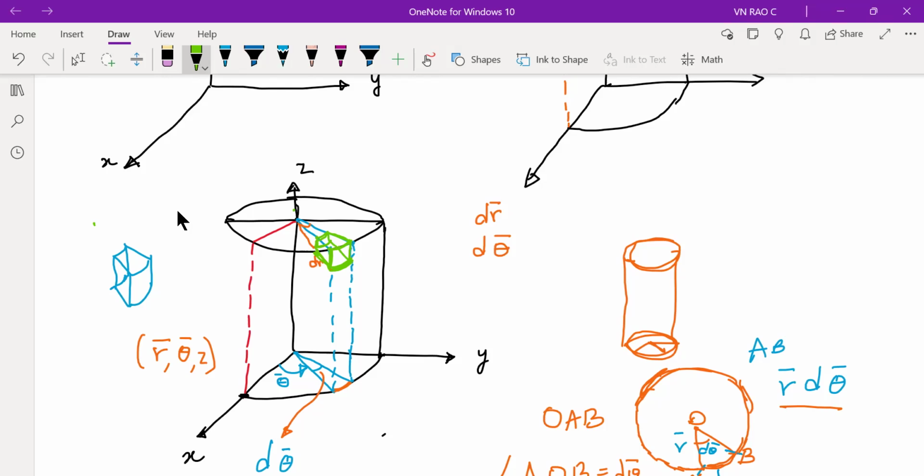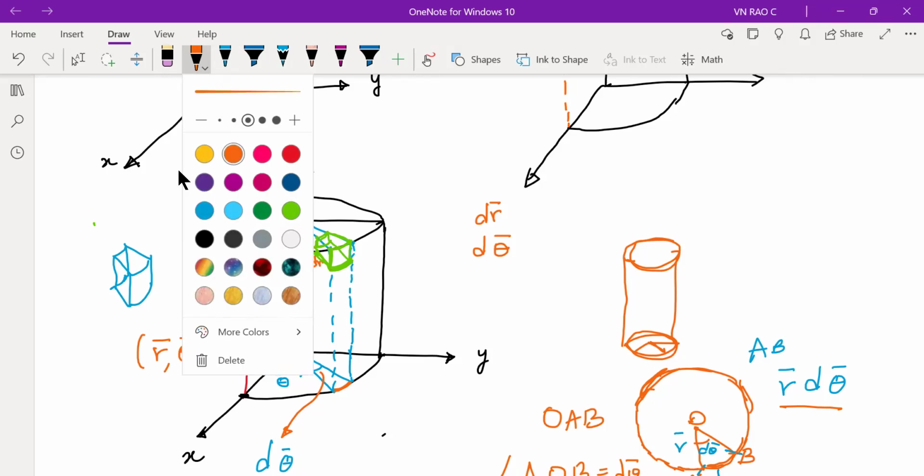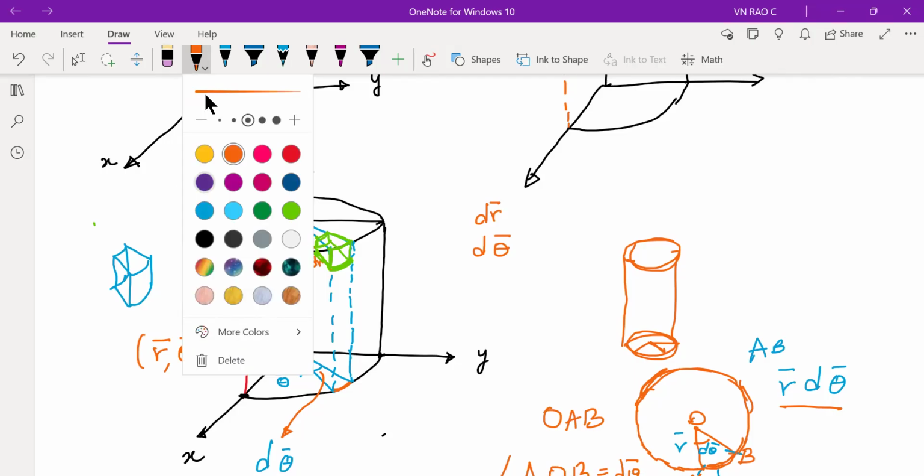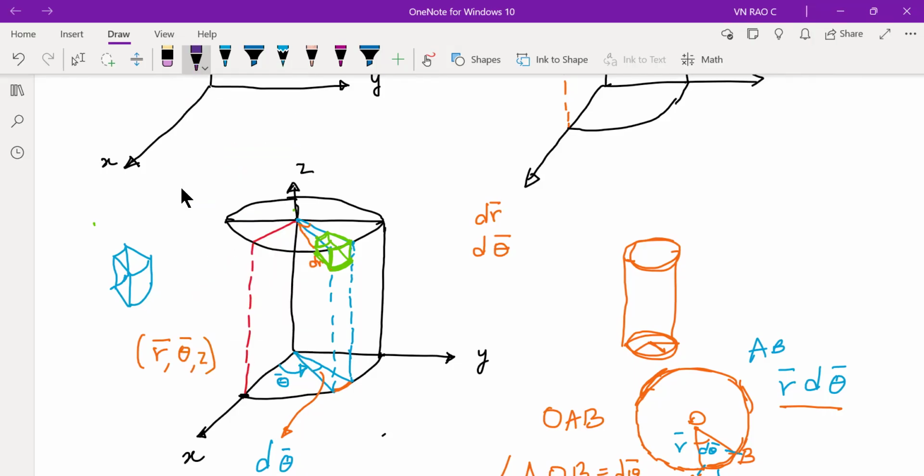The vertical line is dz. So here, if I try to make one coordinate system, let me take a purple one. This is one, and this is second, and this is two. So these are the axes we are seeing here.